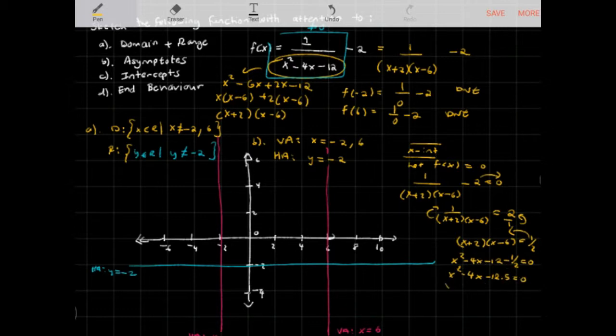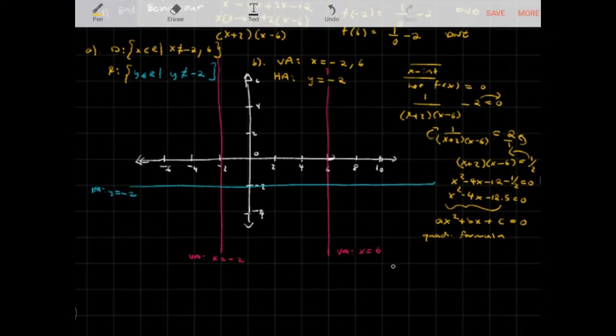So you can understand that because we've written our quadratic equation as ax squared plus bx plus c is equal to 0, you can actually solve for this using the quadratic formula. Okay, so recall that the quadratic formula: x is equal to negative b plus minus the square root of b squared minus 4ac, over 2a.